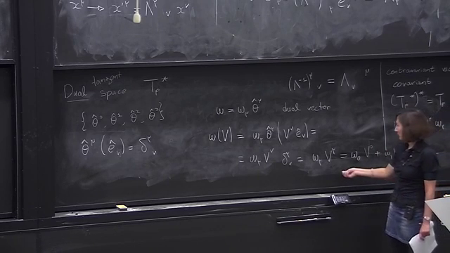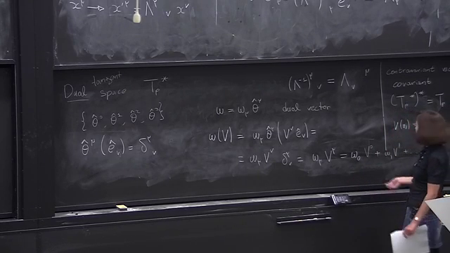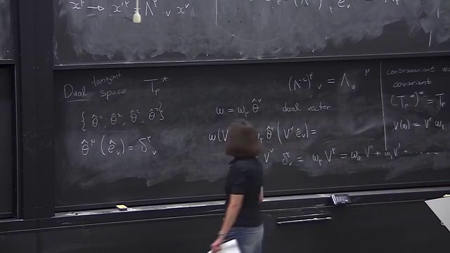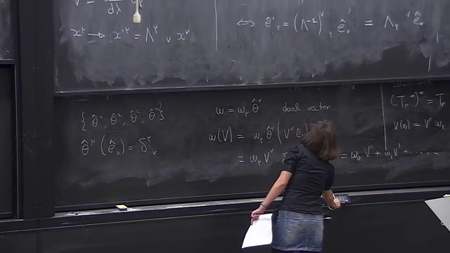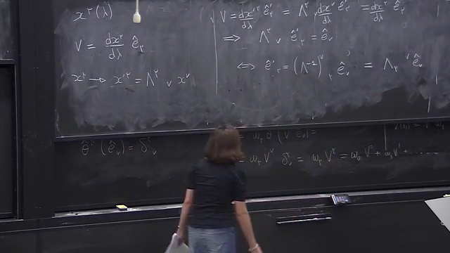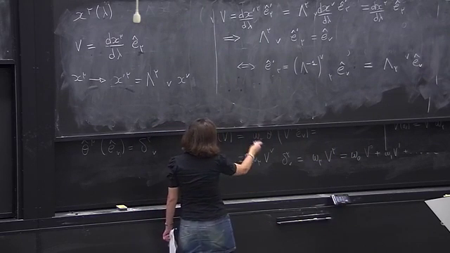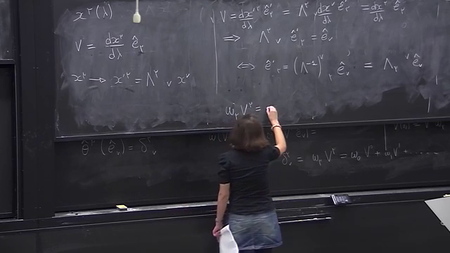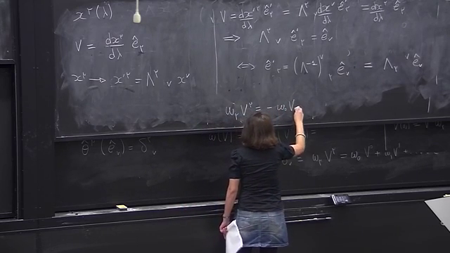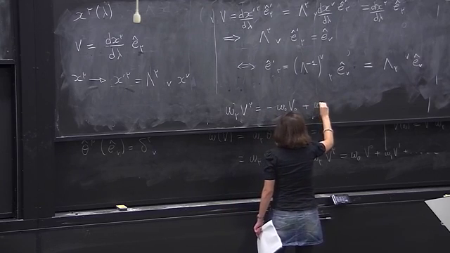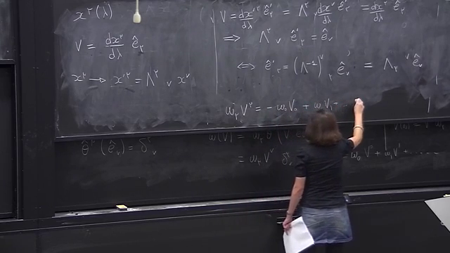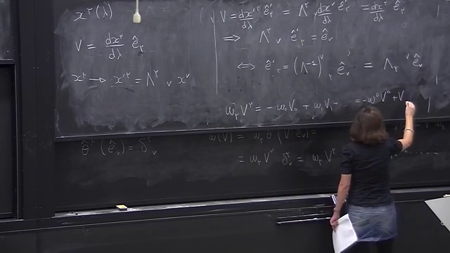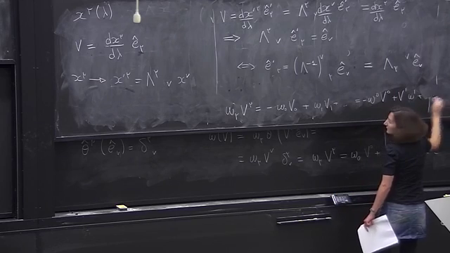But if you want to raise or lower indices, you should always, can you see if I write here? No, OK. OK, so if you want to raise or lower indices, this is going to be minus omega 0 v0, for example, plus omega 1 v1, or minus omega 0 raised v0 plus v1 omega 1, and so on.